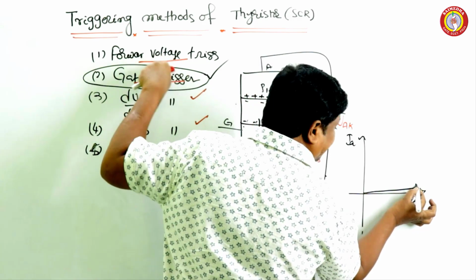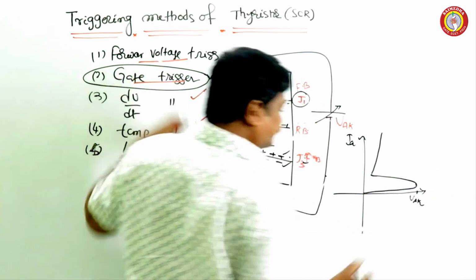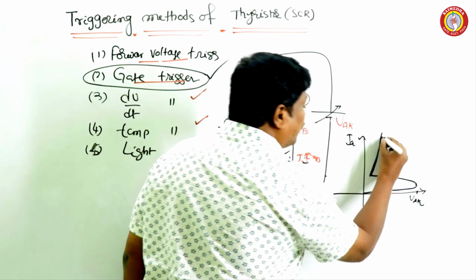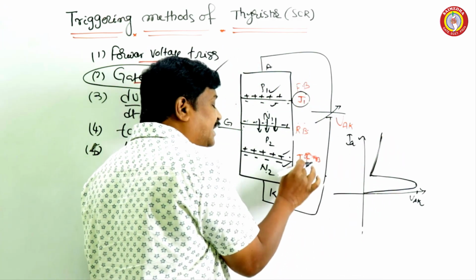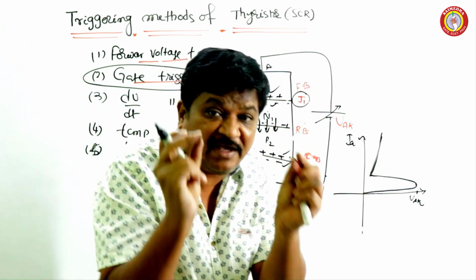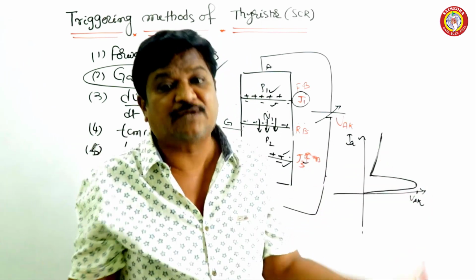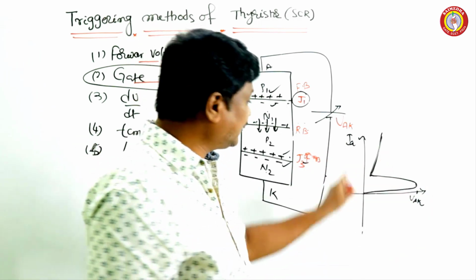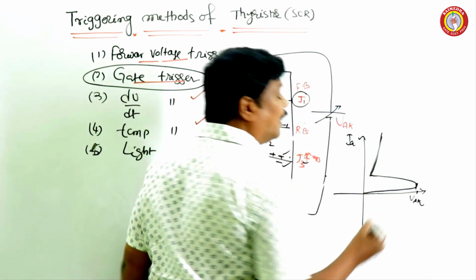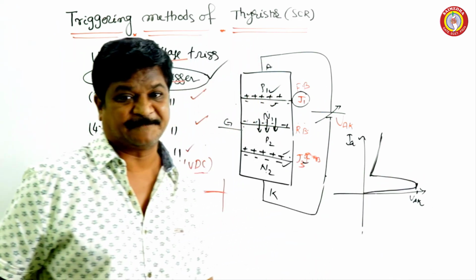That is voltage triggering, and the device immediately goes into the turn-on state. J1, J2, J3 are all forward biased, and the voltage drop across the device is very small, maybe 1 ohm, 2 ohms, 3 ohms. So when the applied voltage equals the breakover voltage, the device goes into the on state.